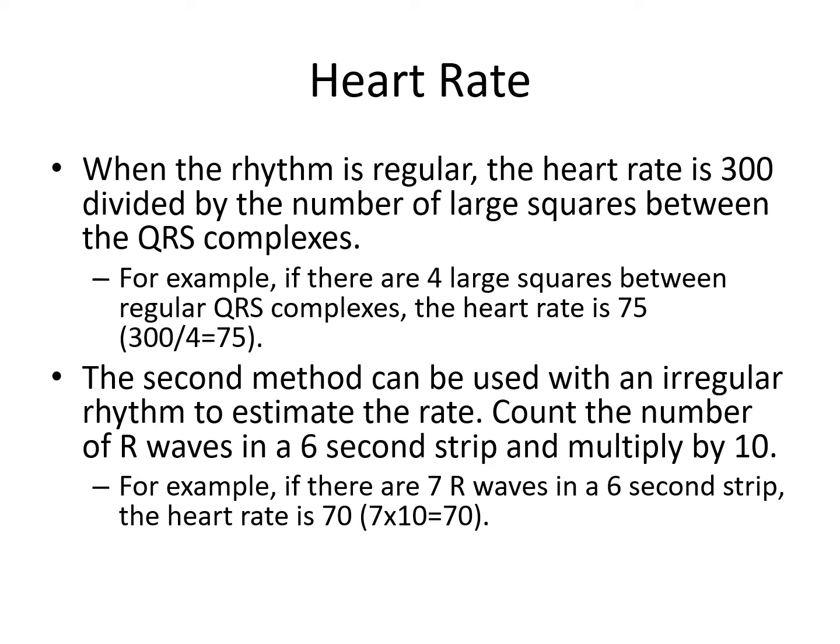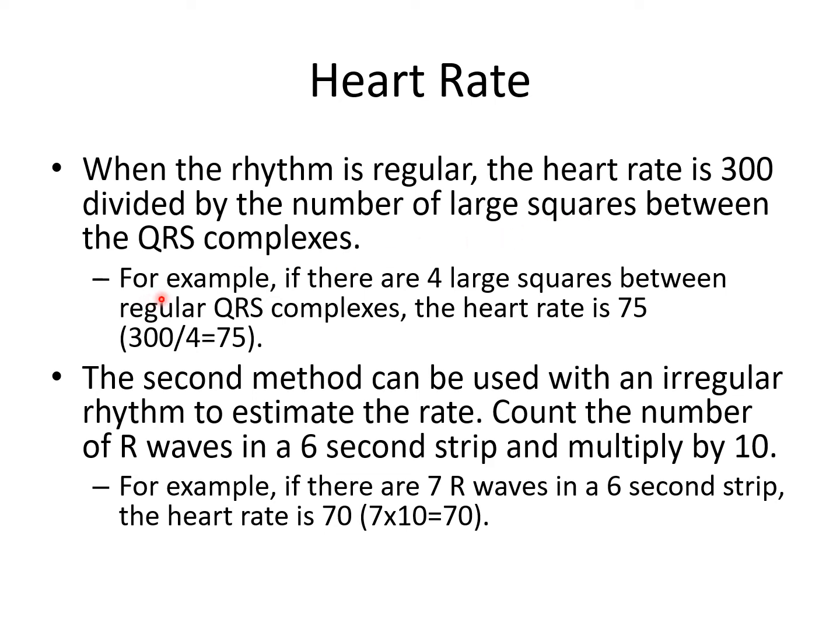We have two methods. The first method I'm going to tell you about is called the large square method, and that's when we divide the number of large squares between the QRS complexes into 300 to get the heart rate.